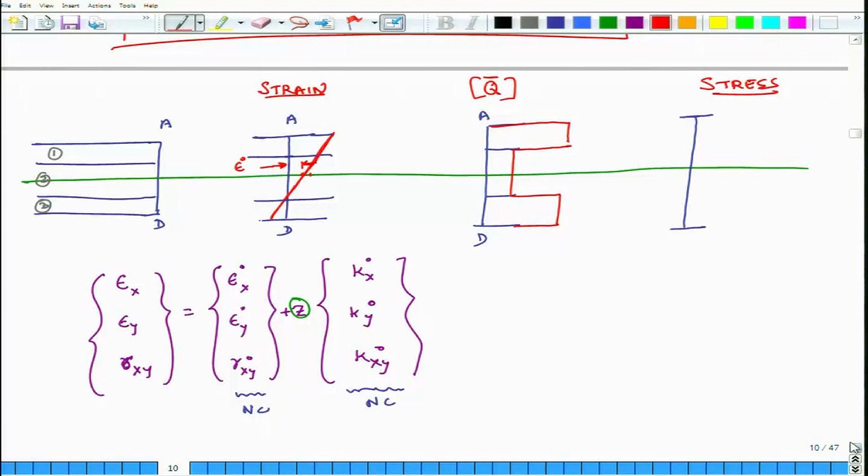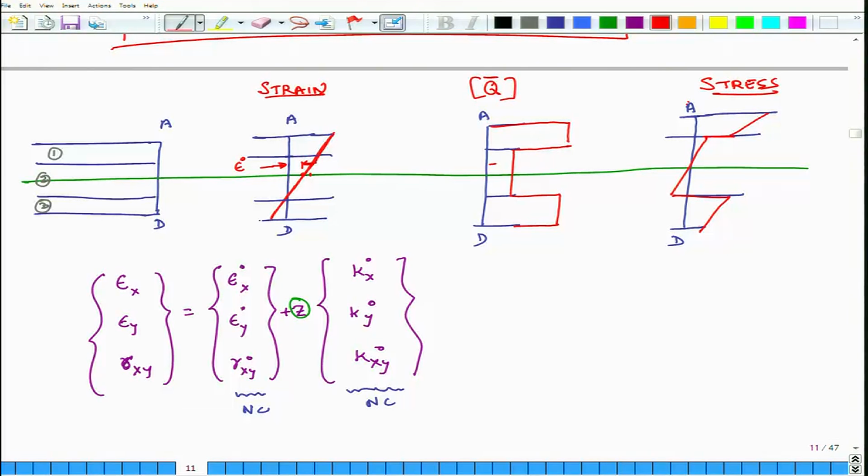So the stress distribution along the thickness of the plate, so suppose these are 3 layers, the stress could vary something like this within a layer. Then because Q bar is changing and Q bar is becoming very small, it becomes very small, and then again it changes linearly over the second layer, and then again Q bar becomes large and again it changes linearly.